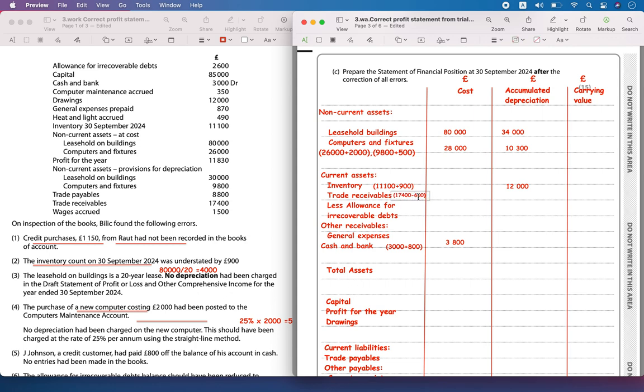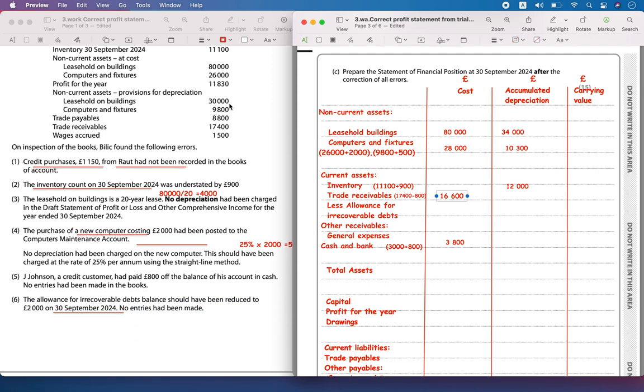So it's going to reduce by 800. So minus 800, that value is 16,600. So it is 16,600. And we know that the allowance for irrecoverable debt had got reduced to 2000. So it will now become only less 2000. Okay, so this is less by 2000. So these were the changes.